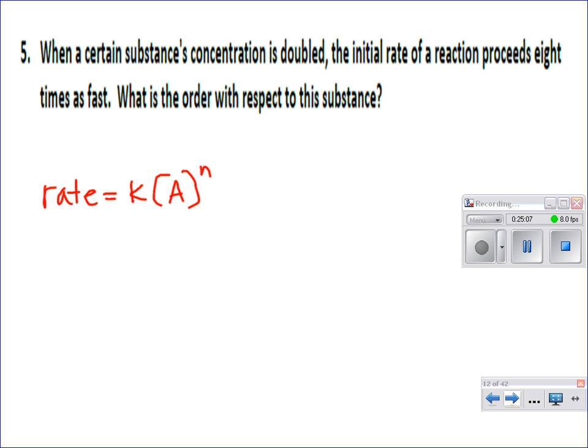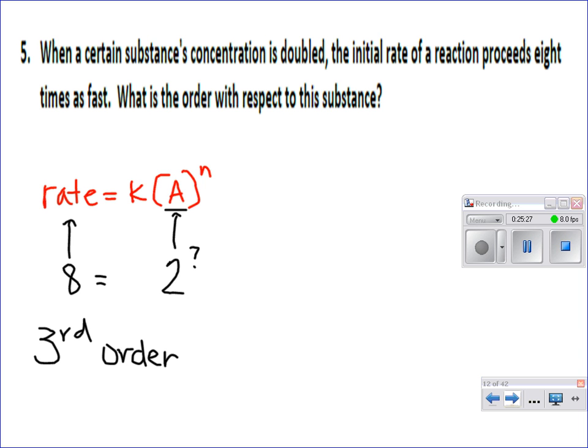When the concentration is doubled, the initial rate proceeds 8 times as fast. What is the order? 3. Math is hard. Third order, because 2 times 2 times 2 is 8. Does everyone see that? It's not bad once you know what that rate law looks like mathematically.